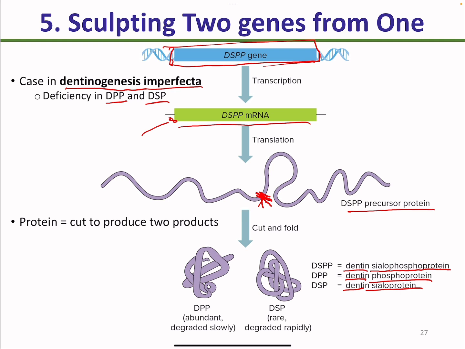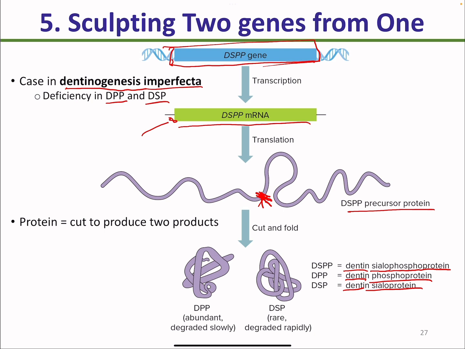Now, the dentin phosphoprotein is very abundant, while the DSP is present in low amount. These proteins play a very important role in the integrity of the dentine in the tooth.